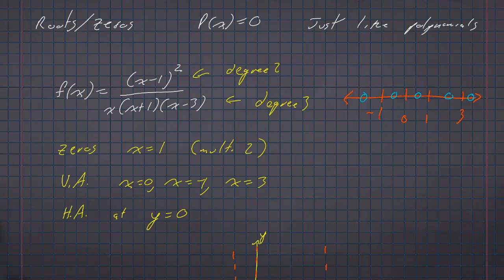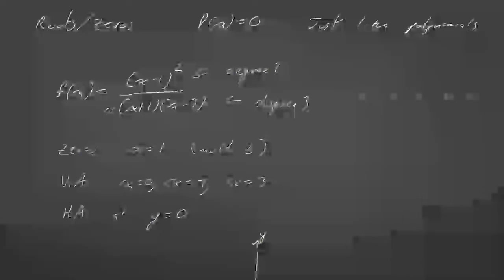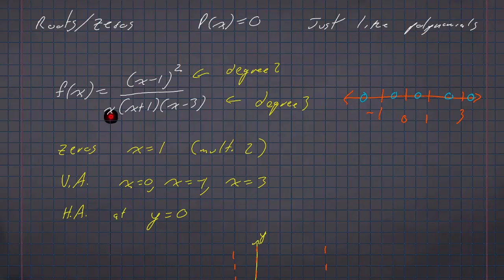To the left of negative 1, something like negative 2. Well, my numerator is something squared. That's always positive. My denominator, the first term, if x is negative 2, that's negative, and that's negative. Negative times negative is negative. So over here, the function is going to take on a negative value.